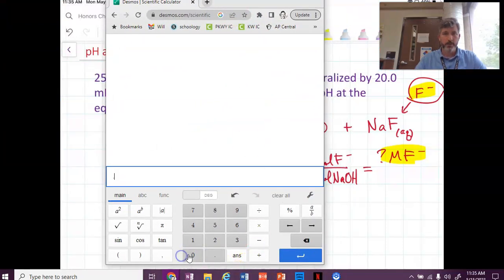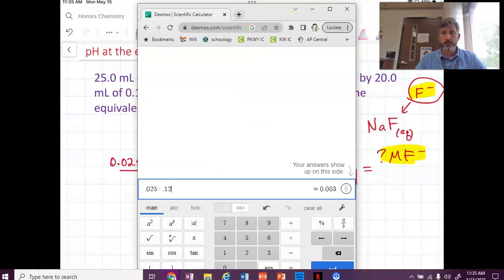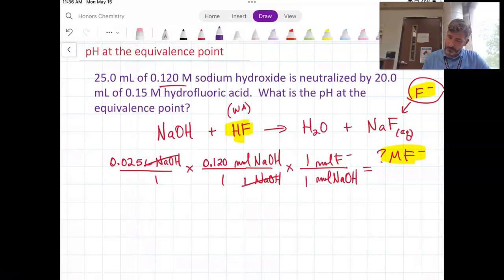So 0.025 liters times 0.12 moles per liter gives us 0.003 moles, right? So I have 0.003 moles of F minus.